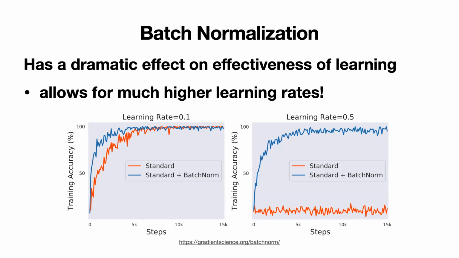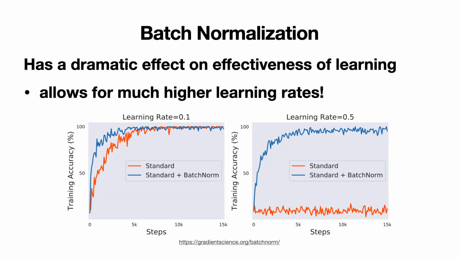So for a small learning rate, you're learning faster. But one of the nice things is that if your training is more stable, you can trust your direction a little bit more, and you can go to higher learning rates. This is the difference between learning working and not working.